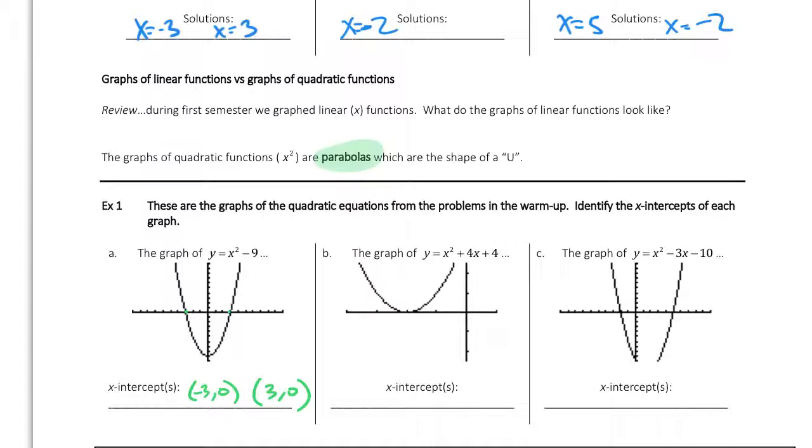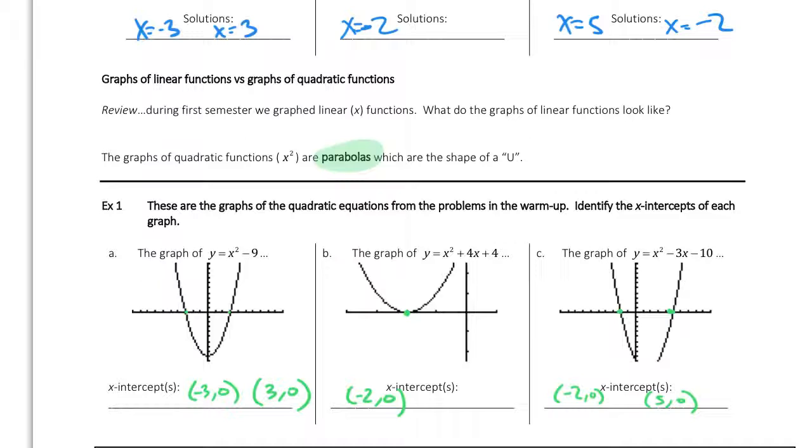In problem B, where does it cross the x-axis? That's at negative 2, so I have the x-intercept of negative 2, 0. And finally in C, I have the x-intercepts at negative 2 and at 5. So negative 2, 0, and 5, 0.